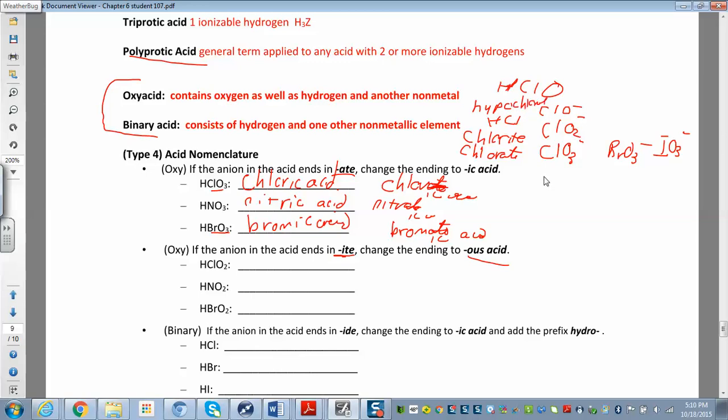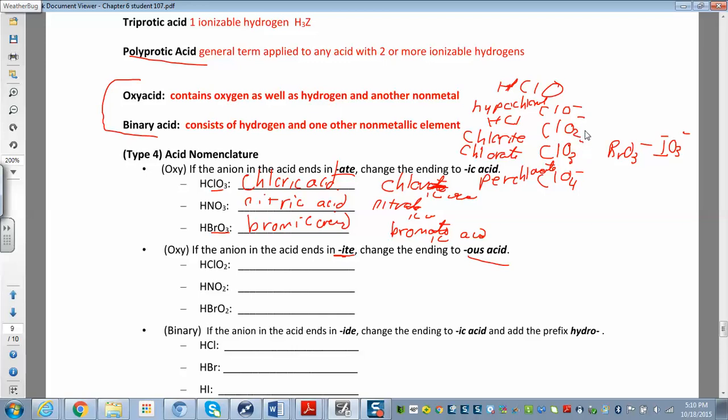If you wanted to add one more oxygen, we'd have to add a prefix to it. So now that's perchlorate. We started off with chlorate. We got rid of one oxygen and got chlorite. To go from ate to ite, you just drop an oxygen. The ate has an extra oxygen.